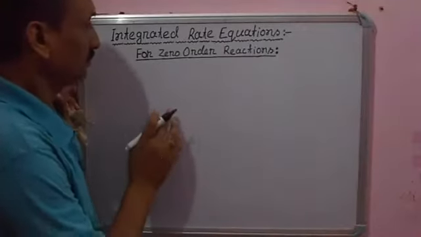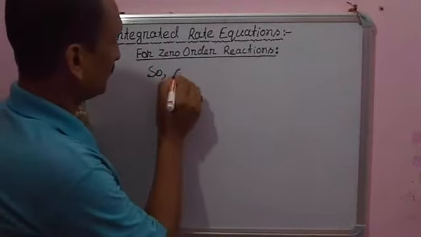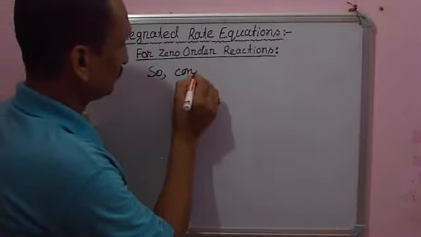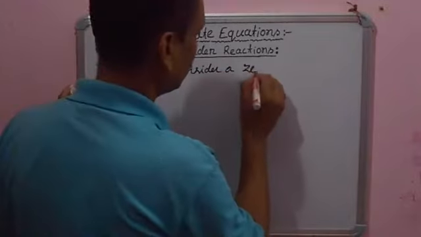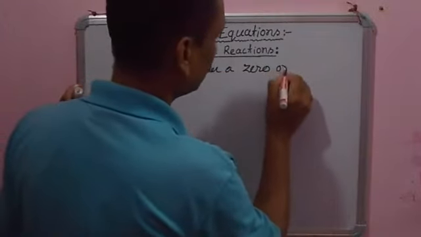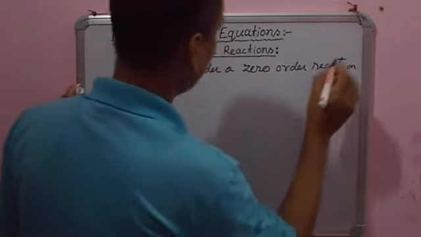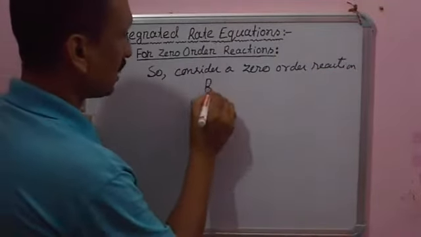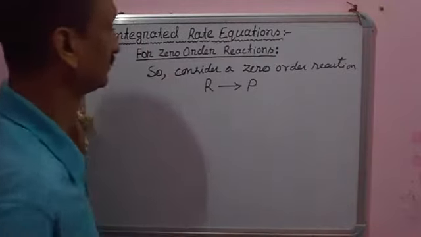So consider a zero order reaction, R gives P, reactant gives product.